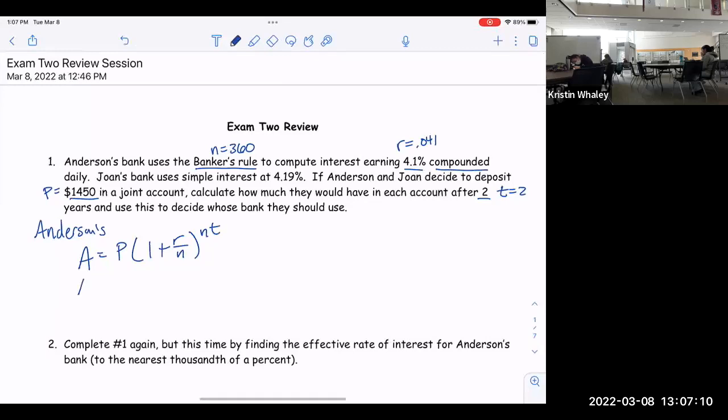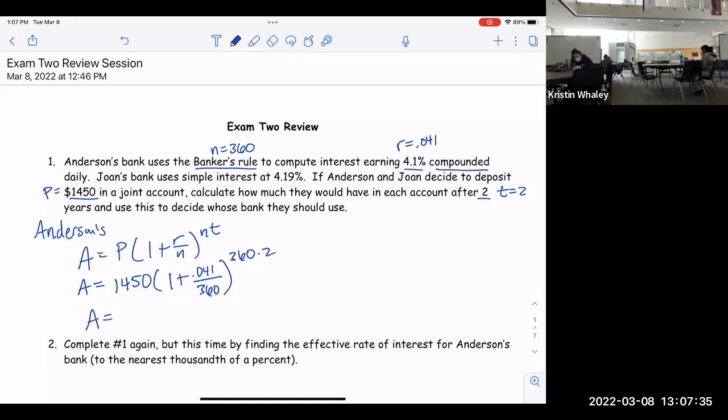So substituting in our values here, we would get 1450 times 1 plus 0.041 over 360. And we raise that to the 360 times 2 power.